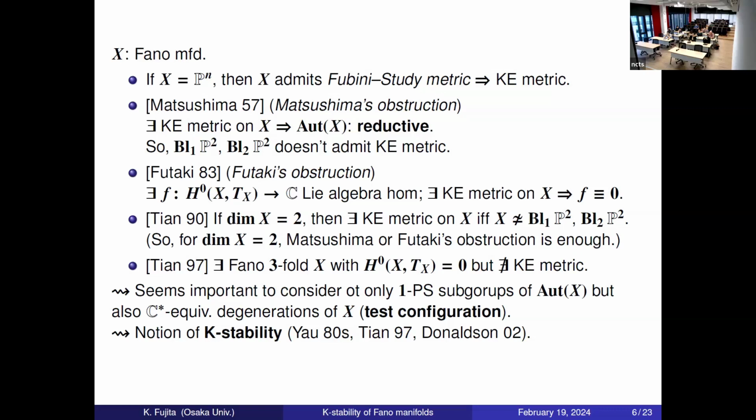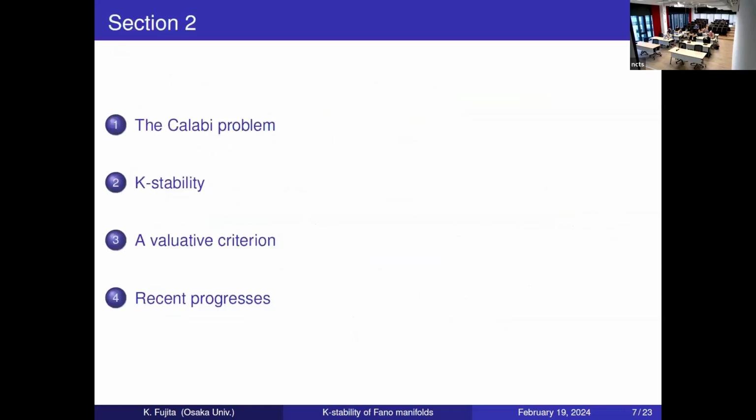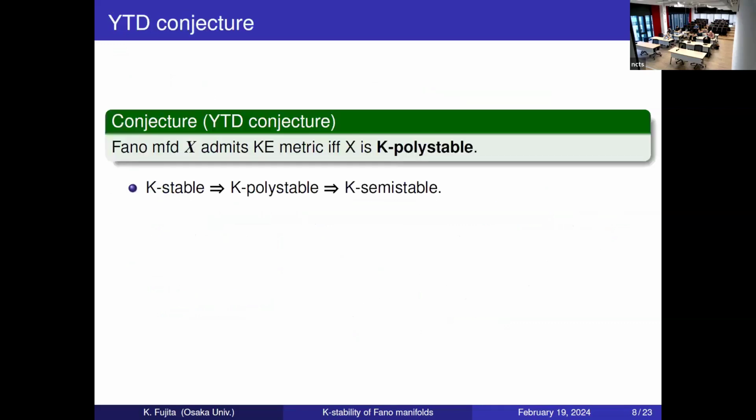So now we can say what K-stability is, mainly due to Yau, Tian, and Donaldson. Taking the three people, Yau, Tian, and Donaldson, the previously called YTD conjecture says that a Fano manifold admits a Kähler-Einstein metric if and only if X satisfies some algebraic stability condition called K-polystability.